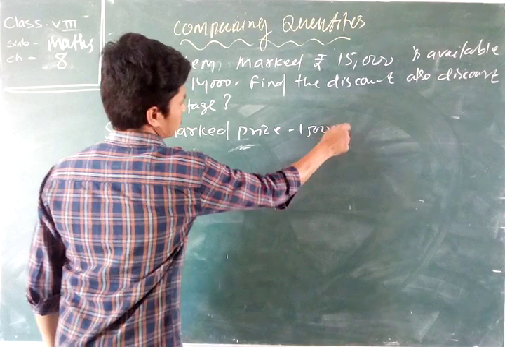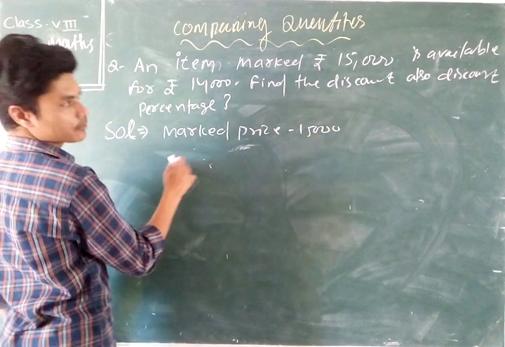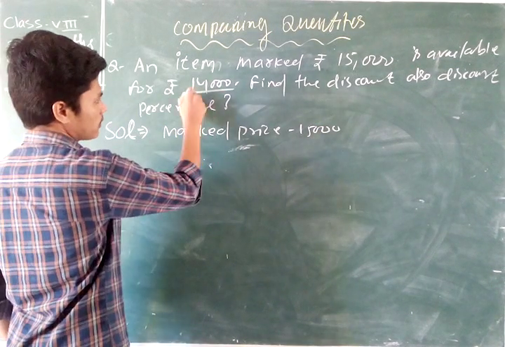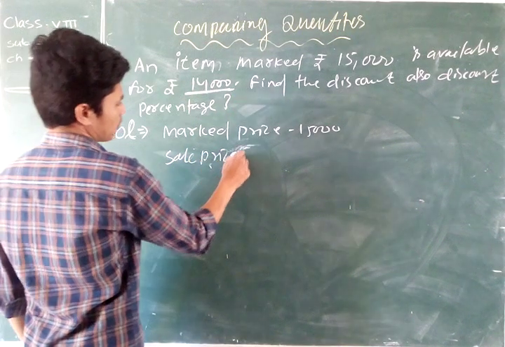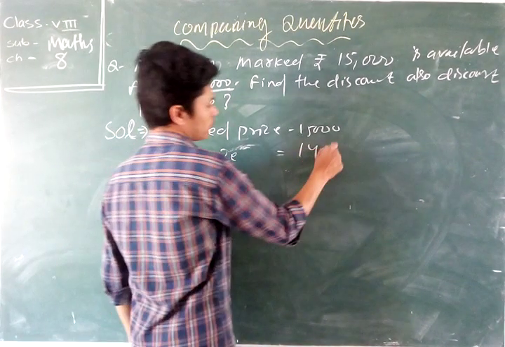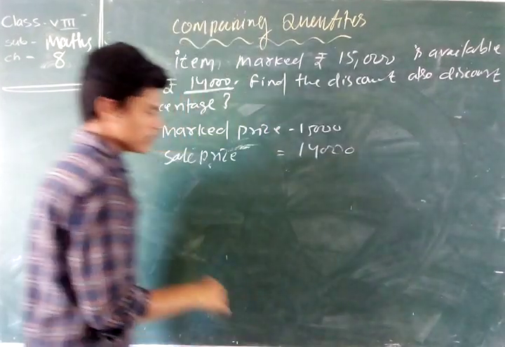15,000. Available means it is the sale price, 14,000. We know that. What is the discount?